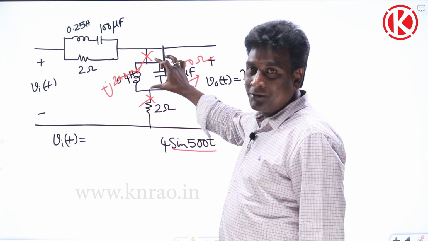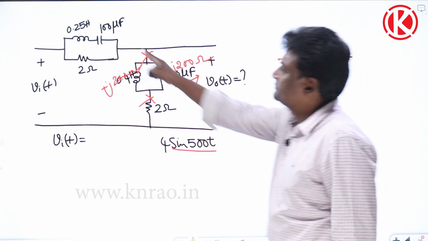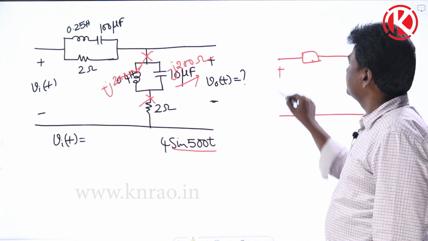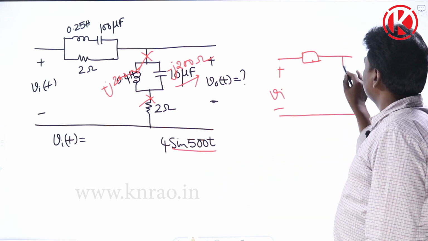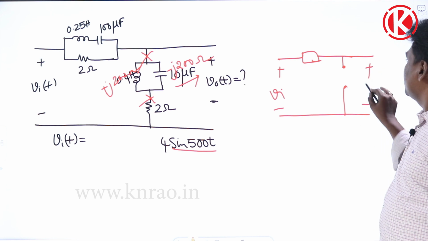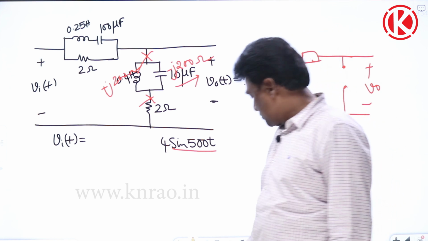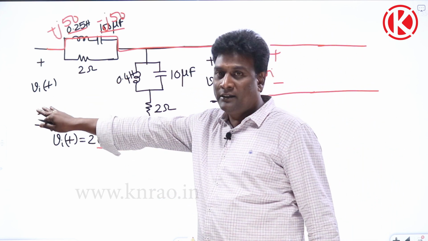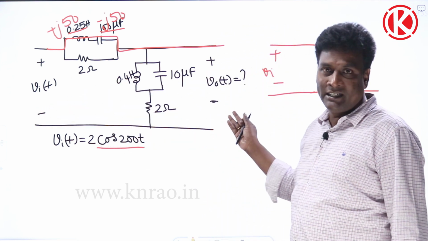If it is an open circuit, let me draw the equivalent. Some impedance is there here, and with respect to 500t, Vi of 500t related frequency, and here it is open. How much will the output voltage be? The output voltage will be the same, because nothing drops. In the 200t case, because of the short circuit, completely 2 cos 200t will come here.